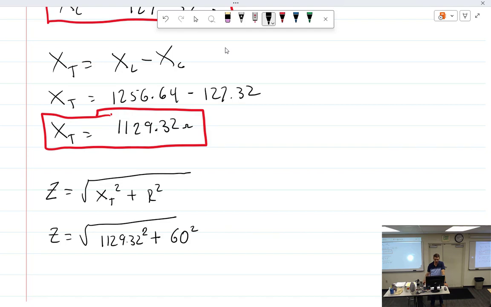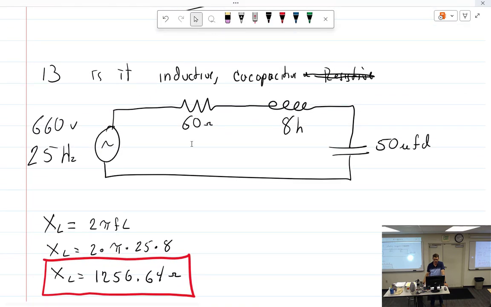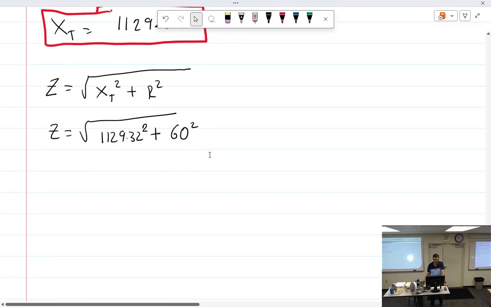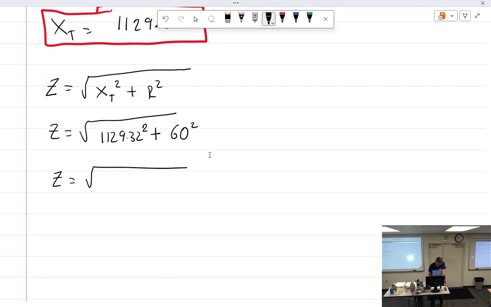Is it 60? 60 ohms. What is Z measured in? Is that ohms? Yes. Okay.